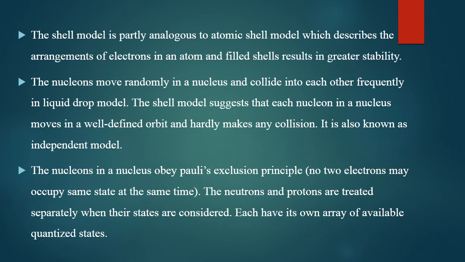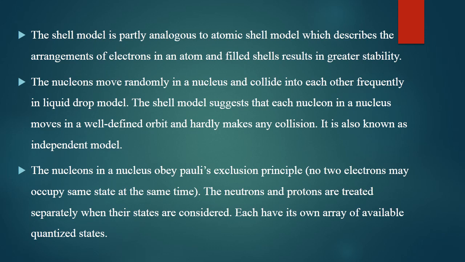In the liquid drop model, the nucleons move randomly in a nucleus and collide with each other frequently. As the liquid drop model suggests, the nucleons collide inside the nucleus. Nucleons means protons and neutrons.